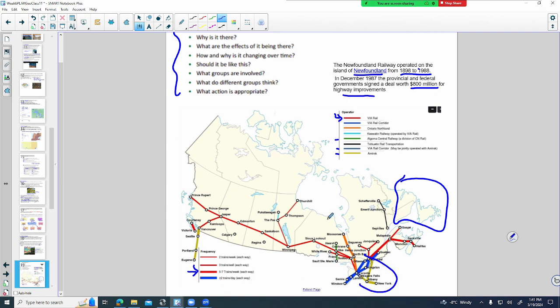Kingston, Montreal, Niagara Falls, Albany, New York. And then the Via Rail corridor, you can see again operating in Quebec, Ottawa, Sarnia, Windsor, and so on. So things are there for a reason, depending on the need and the groups that are involved.